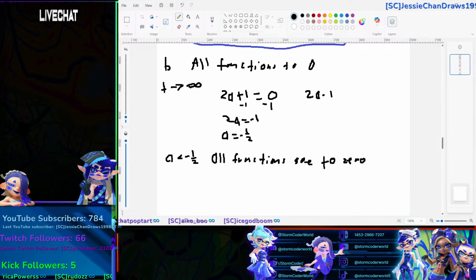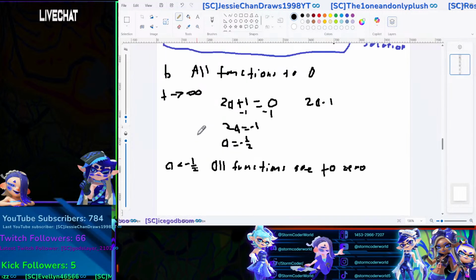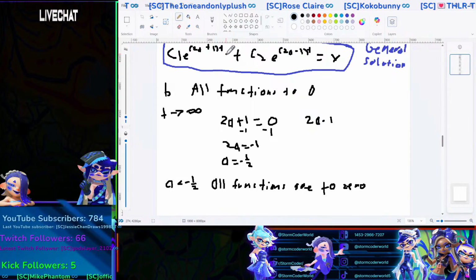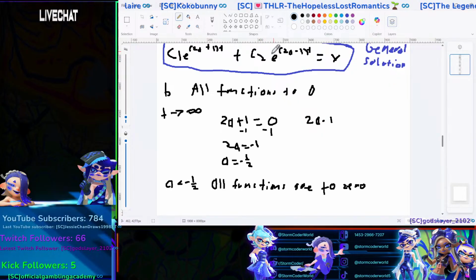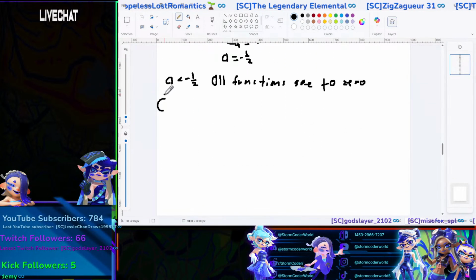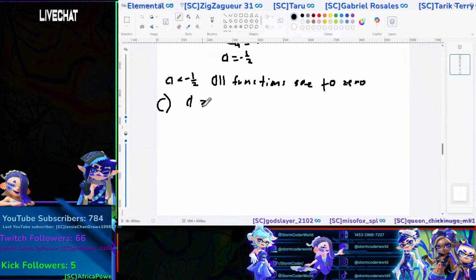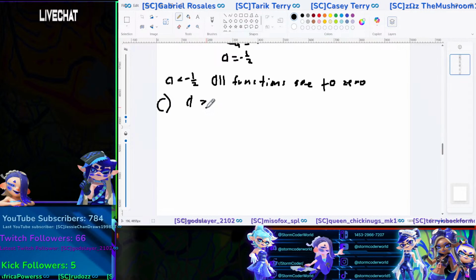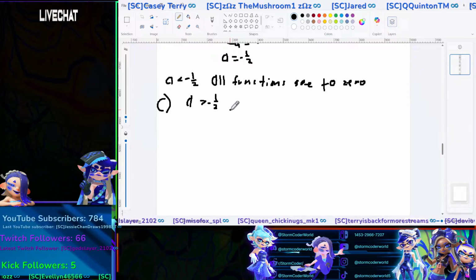So basically, what that's saying to me is, at what value past that point or greater do all values go to infinity? That's what it's asking. So for C, it's just this question, but in this case, anything greater than -1/2, all go to infinity.